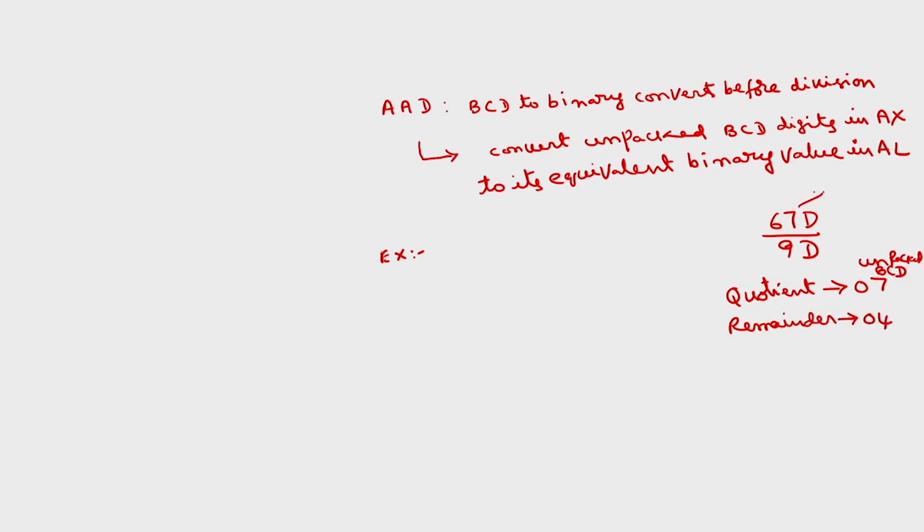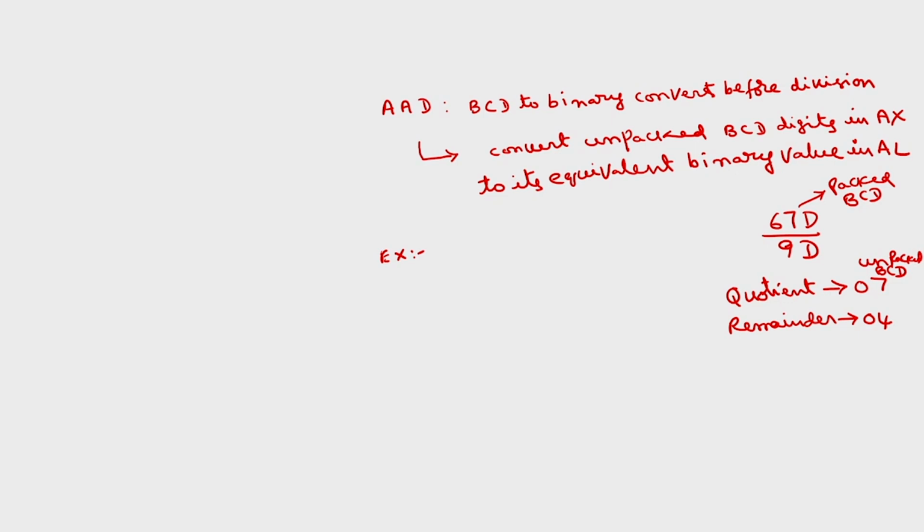This is packed BCD. Now, if I want to perform this and get these results, we will use the AAD instruction, and I will explain how AAD will be used to get the BCD quotient and remainder of BCD division.